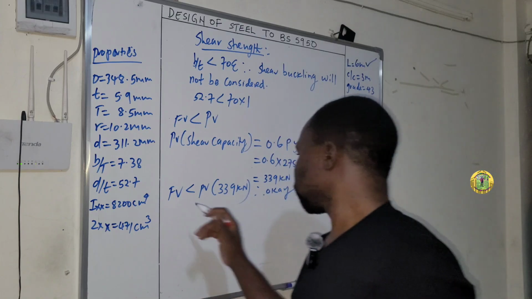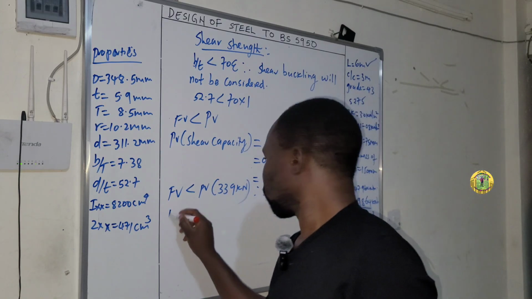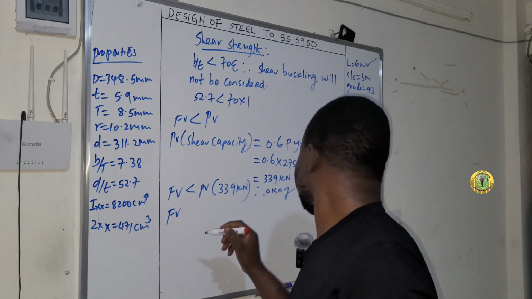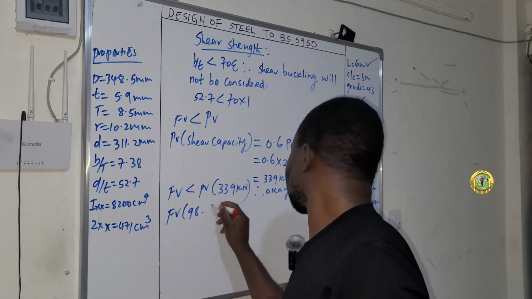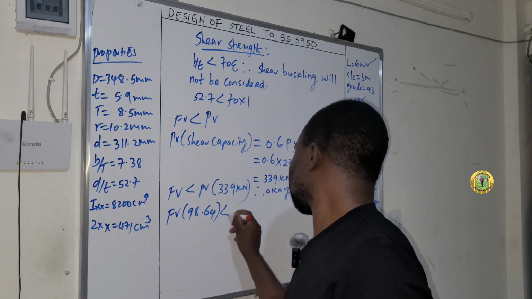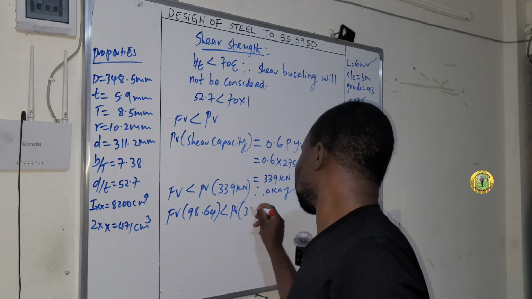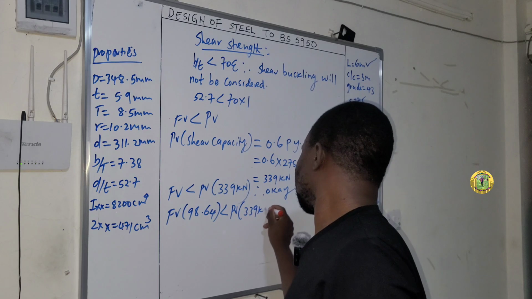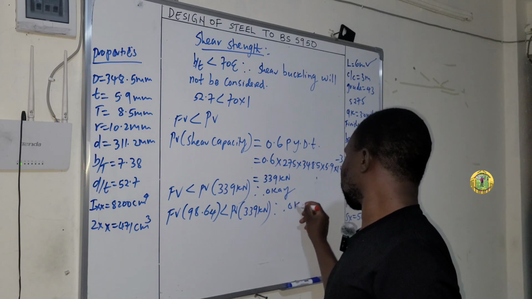So let me write it here so that you can see it clearly. 98.64 is less than Pv, which is 339 kilonewton. Therefore, okay.